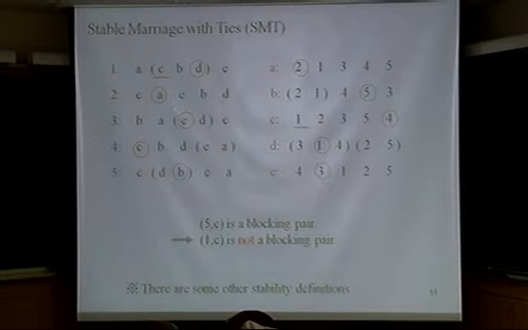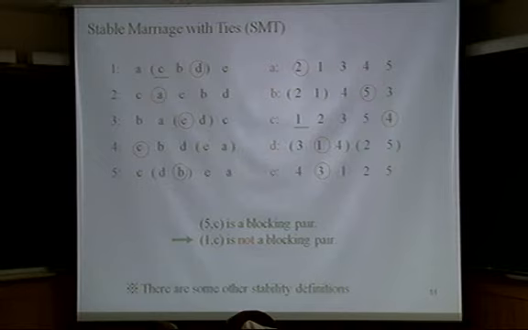We have many other definitions in which 1C is a blocking pair. But in this talk, the definition does not allow 1C to be a blocking pair. It's called weak stability. There are 2 other stabilities, strong stability and super stability.